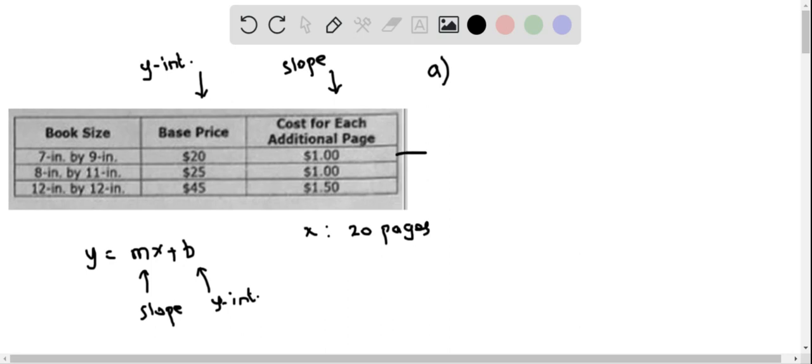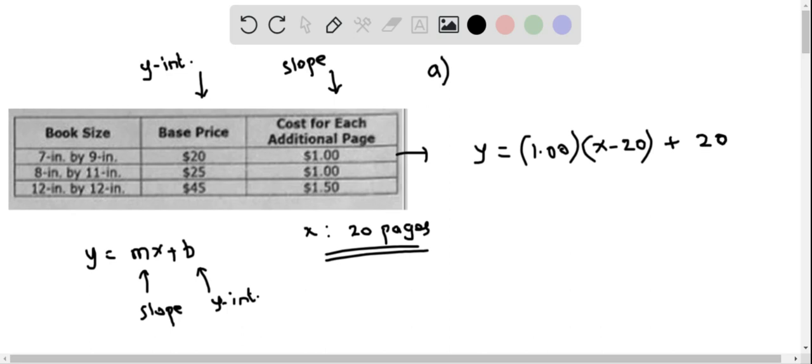First, let's write the equation for the book size 7 inch by 9 inches. I'm going to write this as y equals mx plus b. m is the slope, which is 1.00 times x. We cannot put simply x, since x represents at least 20 pages. We have to write this as x minus 20, plus the y-intercept, which is 20 for this book size 7 inch by 9 inches.